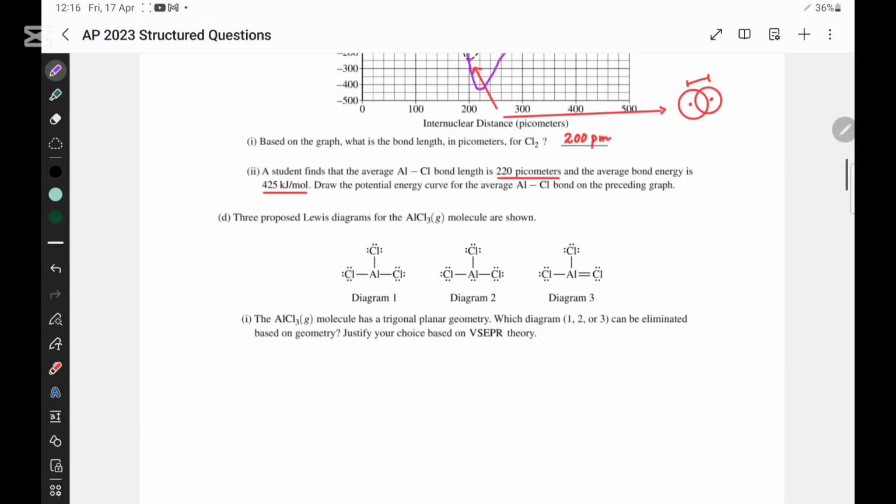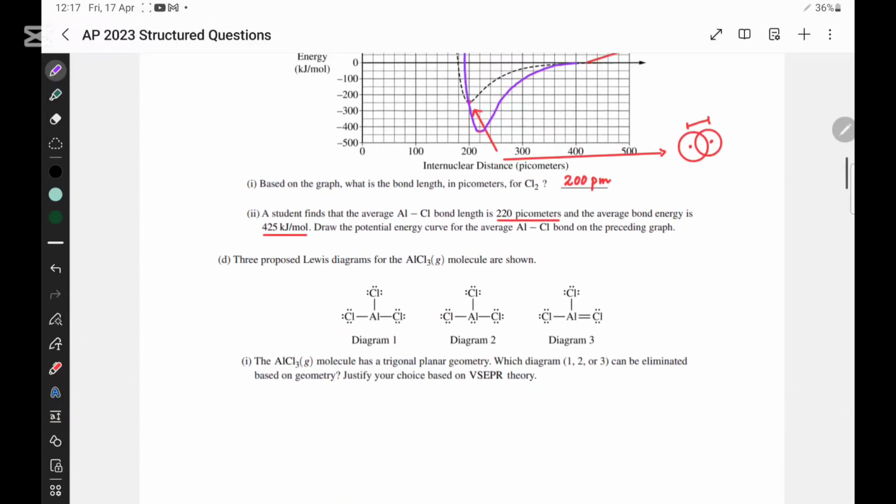Three proposed Lewis diagrams for AlCl3 gaseous molecules are shown. The AlCl3 gaseous molecules have trigonal planar geometry. Which diagram 1, 2 or 3 can be eliminated based on the geometry?